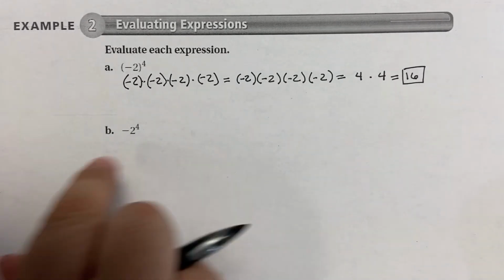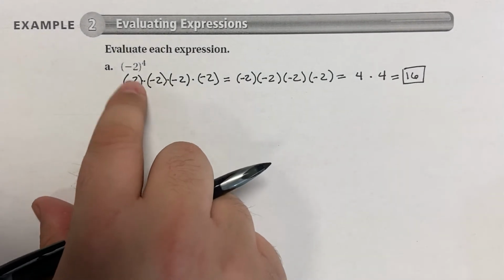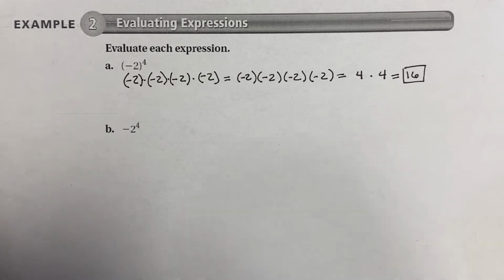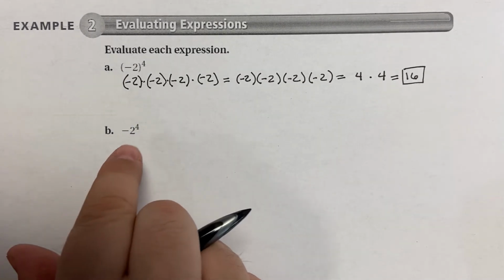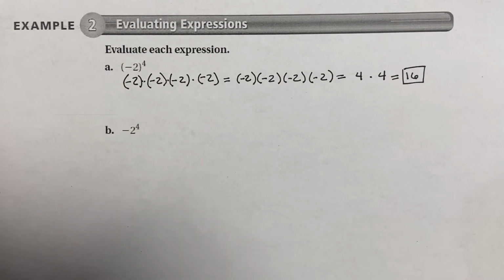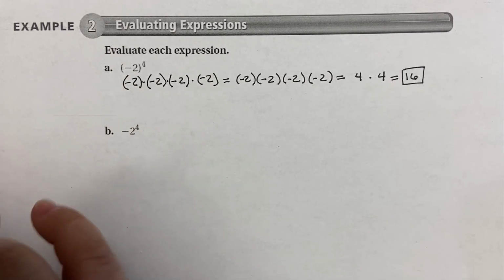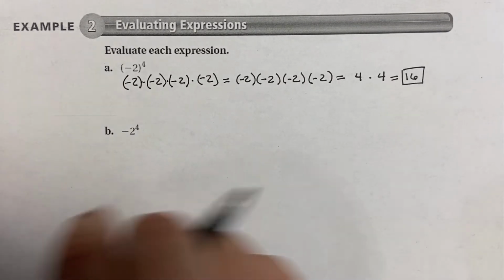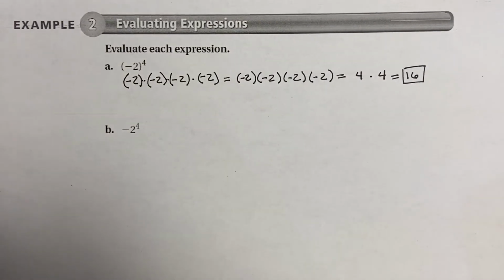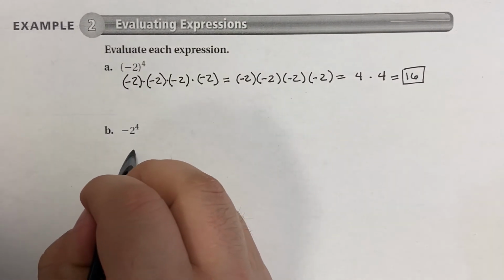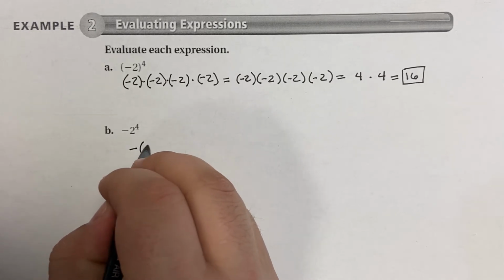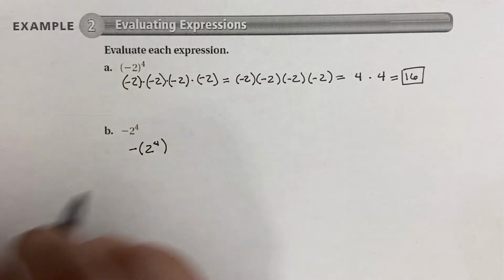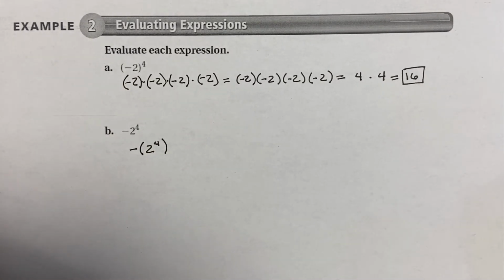All right, let's take a look at what happens when we remove the parentheses from our base. This B is negative 2 to the fourth power. If you didn't notice the pause after I said negative, it changes our answer and what it can be. What I mean by that is, another way to write this is the negative of 2 to the fourth, meaning we do what's inside the parentheses first.